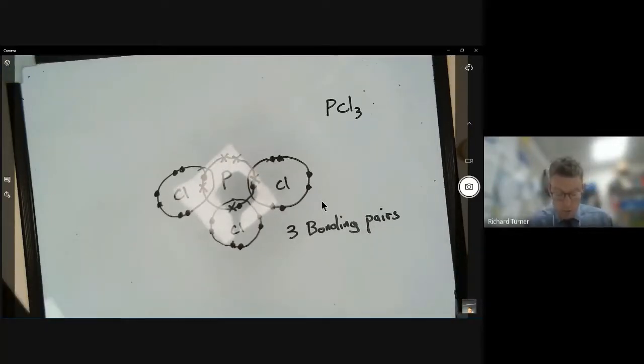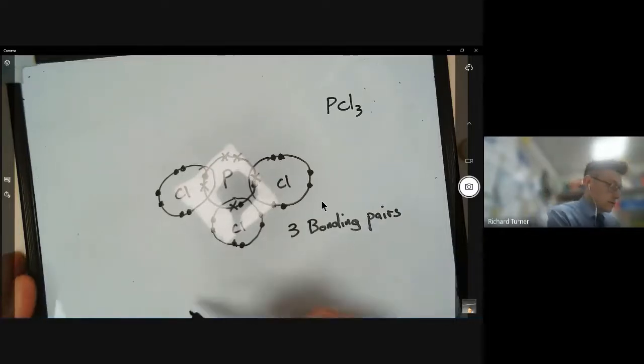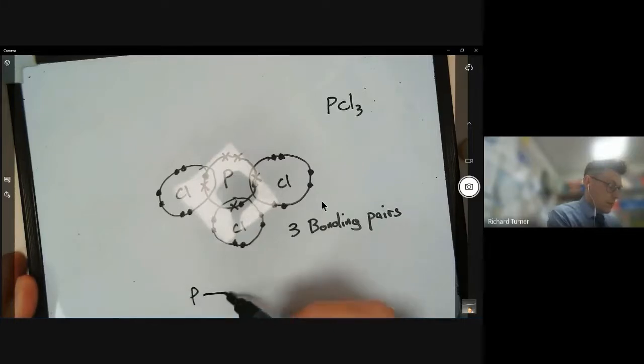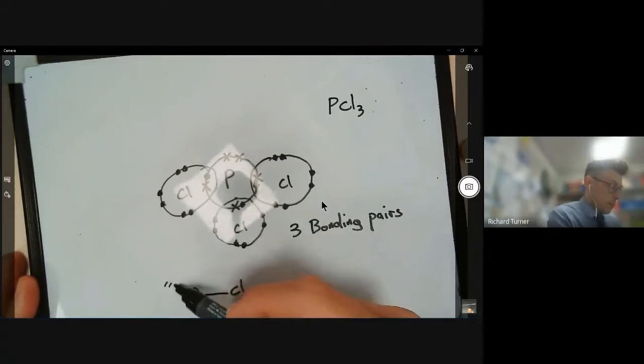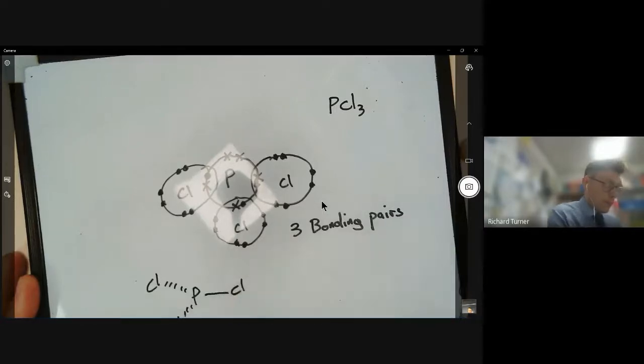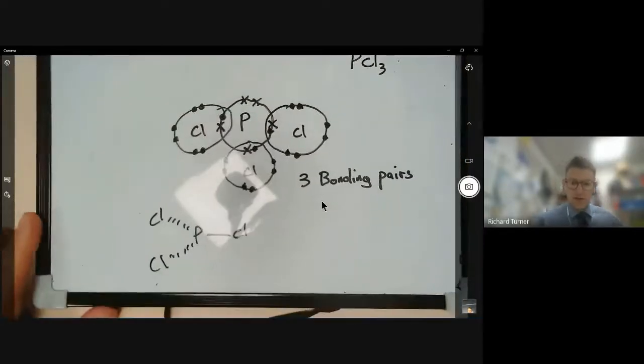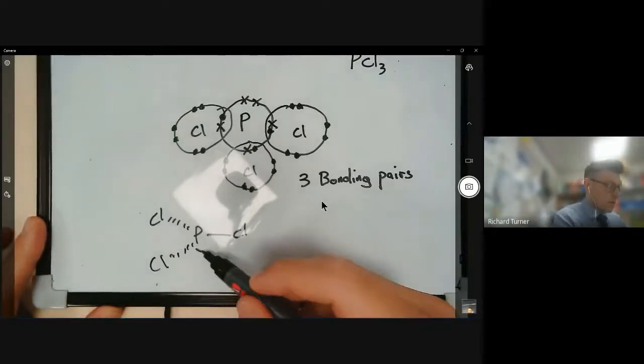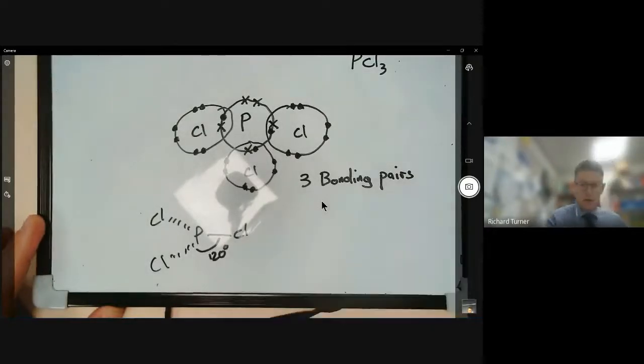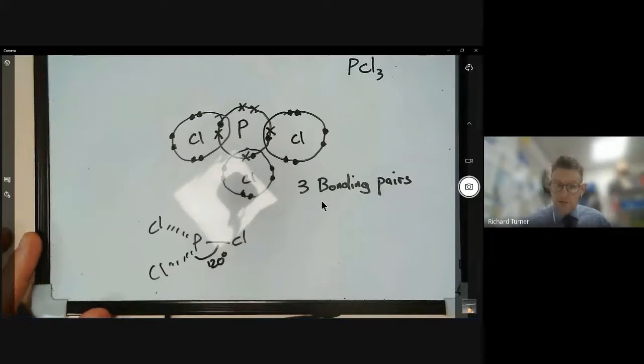So earlier I told you 3 bonding pairs, that would be trigonal planar. So there, trigonal planar, okay, with a bond angle of 120. But wait, we haven't discussed, we have a lone pair now, this pair of electrons not doing anything.